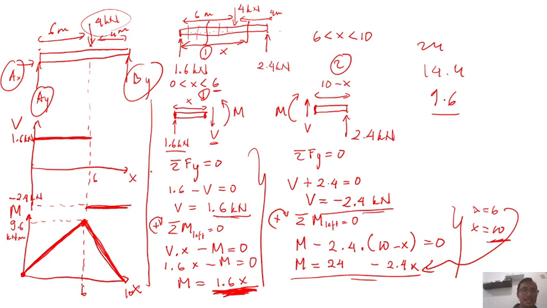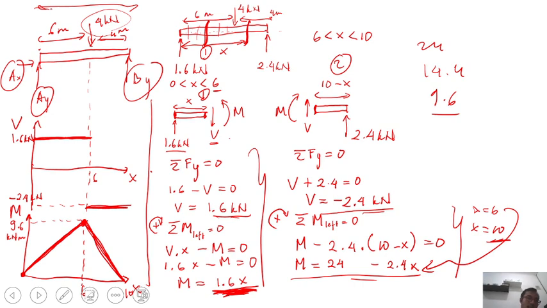If the condition is not continuous, your equation will not be able to be derived directly. So in this case, I create two different cuts, on the left of the 4 kilonewton force and on the right of the 4 kilonewton force. Okay, why 10 meter? Because the length of the bar is 10 meter.